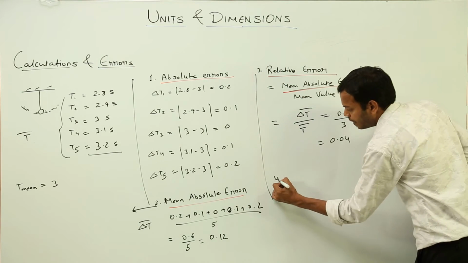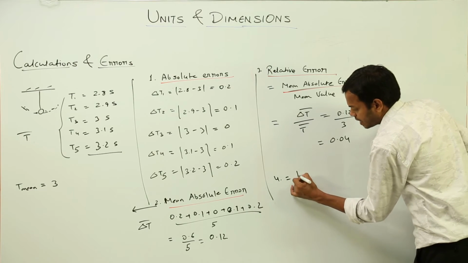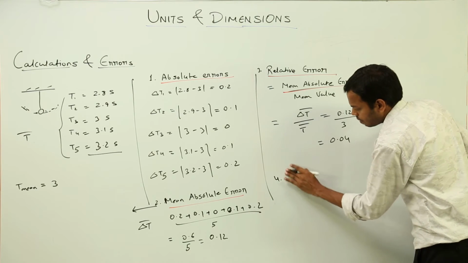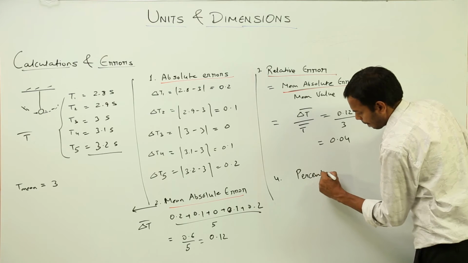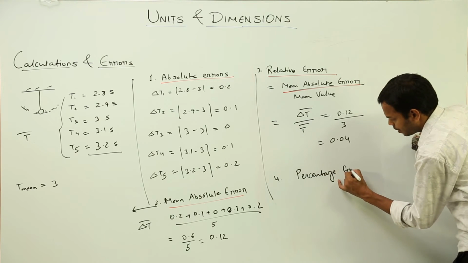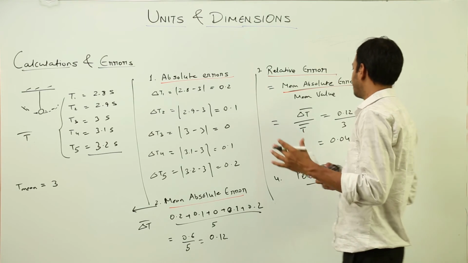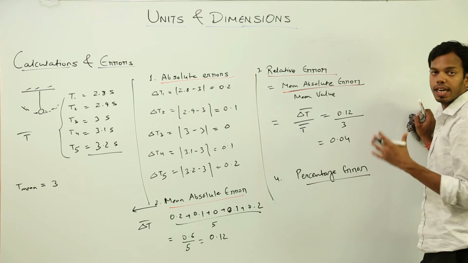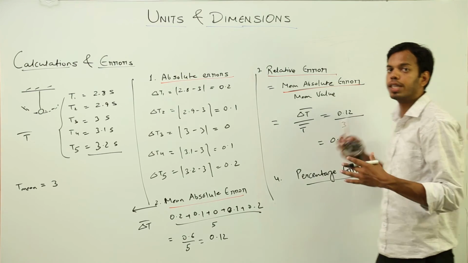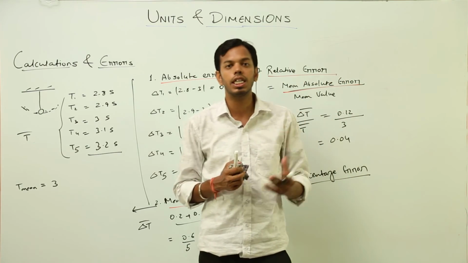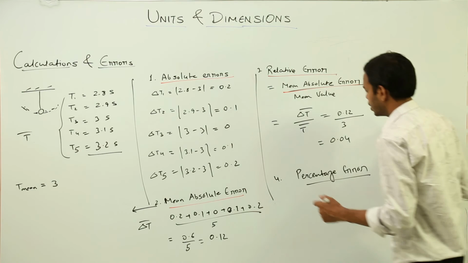The last part would be percentage error. Percentage error has the simplest formula, which is relative error times 100. Whatever your answer is, that is the percentage error in the overall calculation.